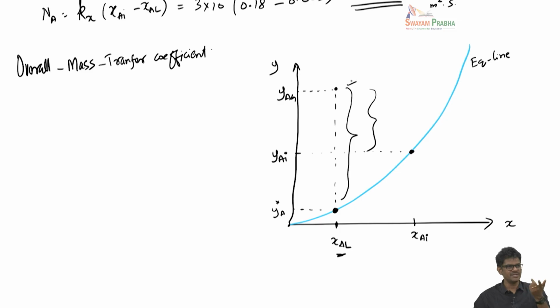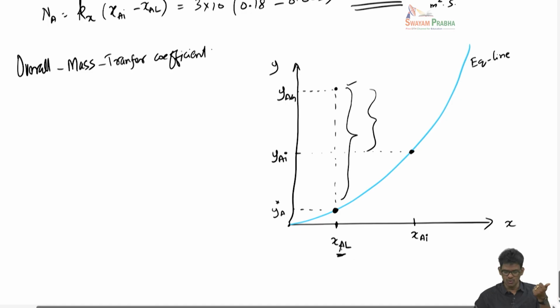Okay, why am I saying this? Because YA star is easy to find. Because I know XAL, I know the equilibrium line, right? So I can calculate YA star easily. I don't have to go about calculating the interfacial concentrations separately. Let me rephrase again. What I'm hoping to do is write the mass transfer driving force as YAG minus YA star, where YA star is the equilibrium concentration corresponding to XAL.